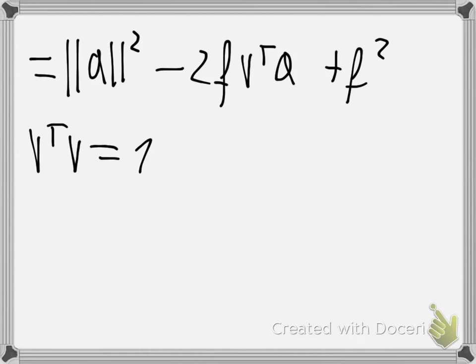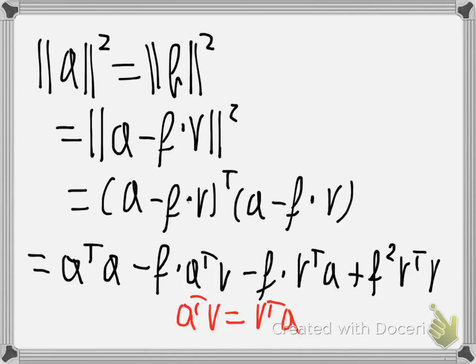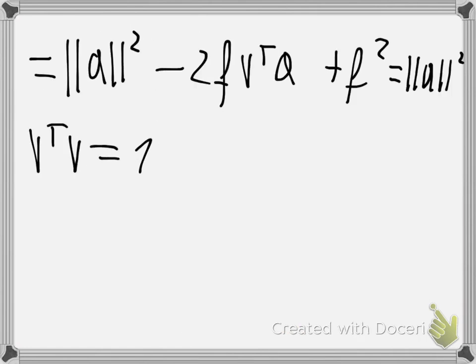And so we can solve for F. So remember that all that is equal to the length of A squared. Remember, it comes from here. So we just substituted B. So we can subtract the norm of A squared on both sides.